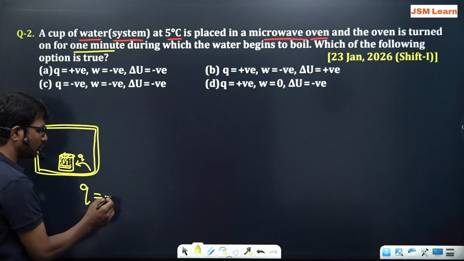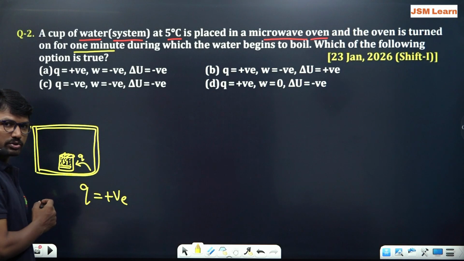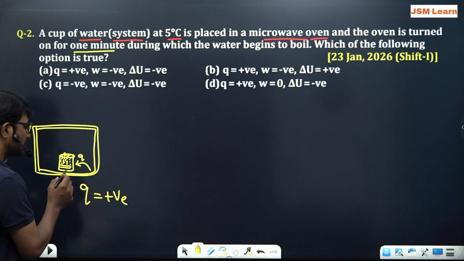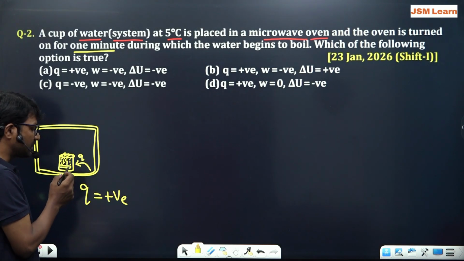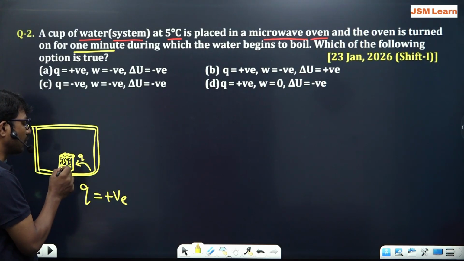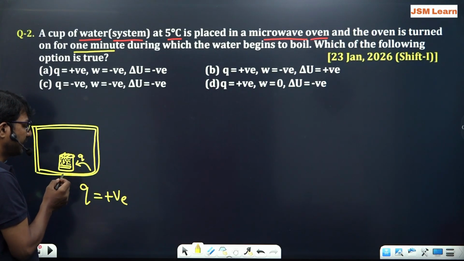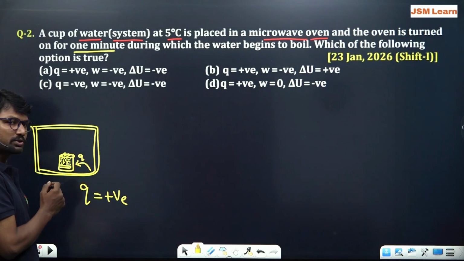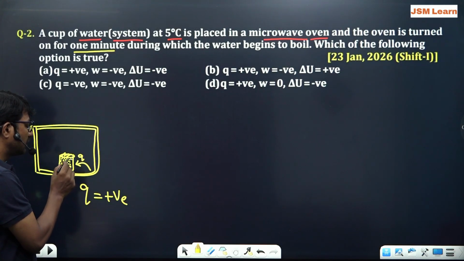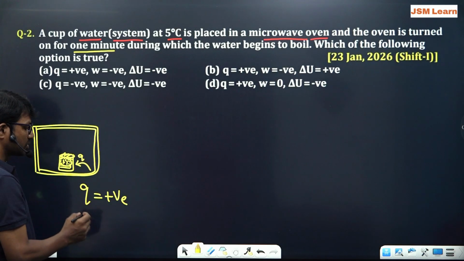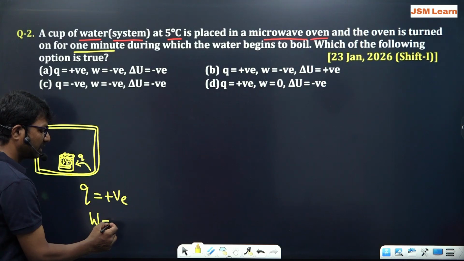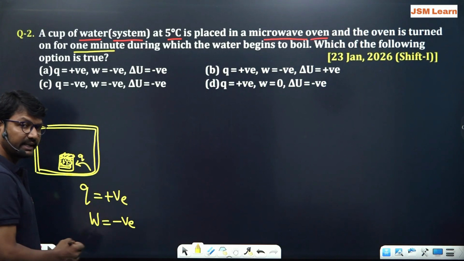That means Q value, heat is absorbed, so Q is equal to positive. As a result, by gaining the heat energy only, the system, the cup of water, is getting boiled. So water vapor is going to be formed. So work is done by the system, which means W is going to be negative.